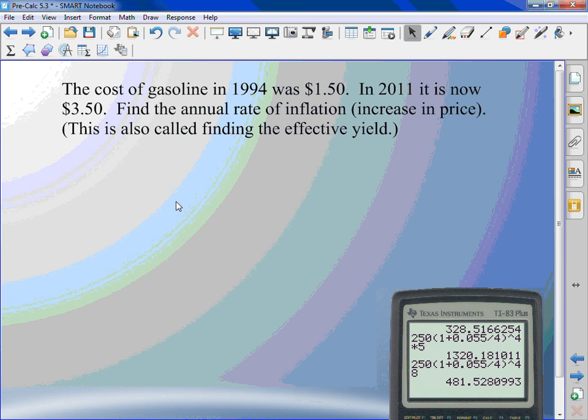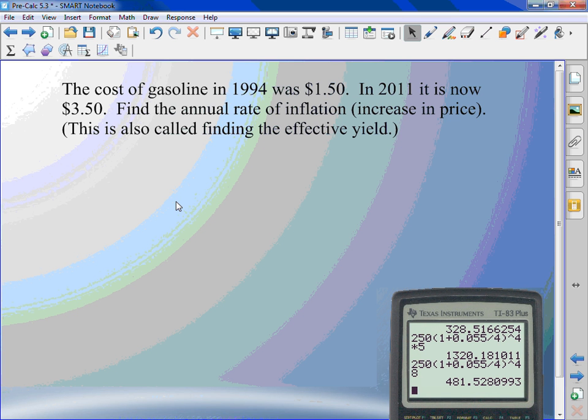The price of gasoline in 1994, I paid $1.50 a gallon. Now, it's $3.50 per gallon. We want to find out what's the annual rate of inflation, aka what's the percent increase in price.